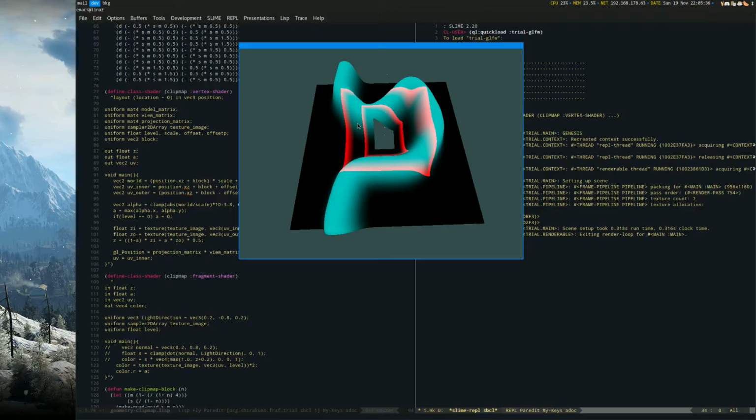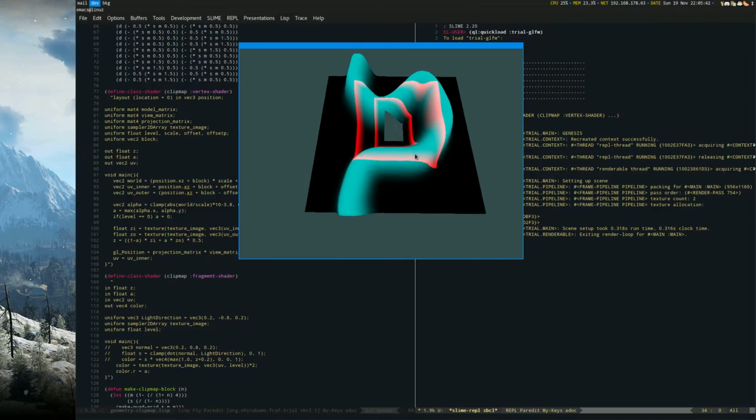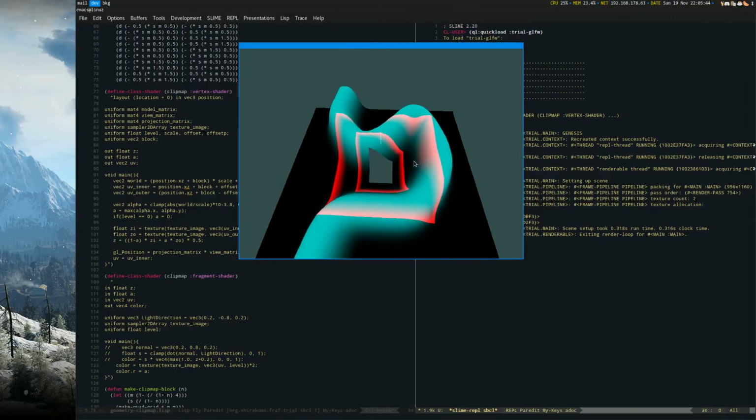Naturally, if the terrain is big enough, you won't be able to fit the entire image data into memory, or at least you probably don't want to.